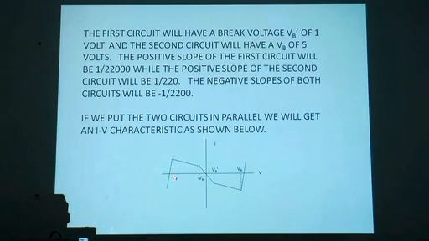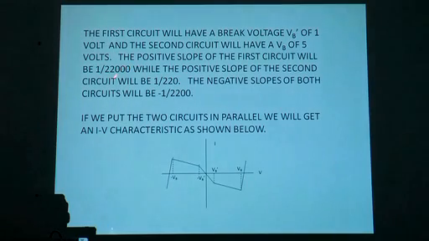Between -5 and -1 volt, the second circuit has a negative slope, the first circuit has a positive slope. The sum is negative, and so you get a characteristic with a negative slope, close to -1 by 2200.